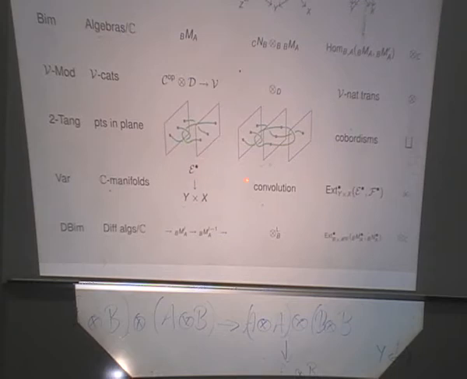And there's a way to convolve: if you have a sheaf over x cross y and a complex of sheaves over y cross z, you can convolve them to get a sheaf over x cross z, and the morphisms between two sheaves over x cross y are going to be the Ext groups.